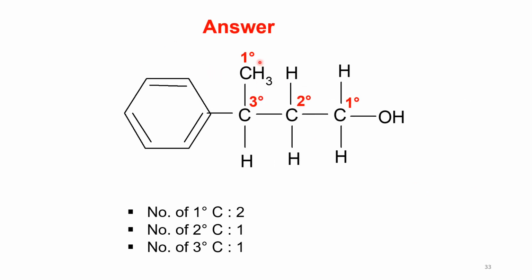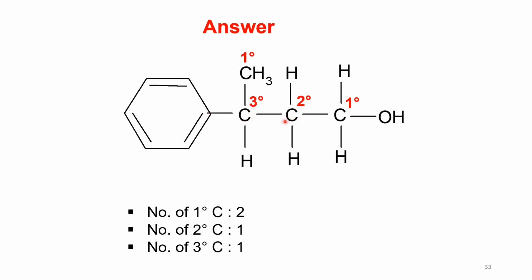So this is primary because this carbon is attached to 1 carbon atom. This is tertiary because this carbon is attached to another 3 carbon atoms, so this is 1, 2, 3.